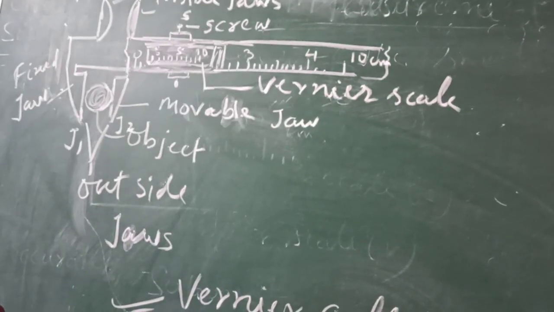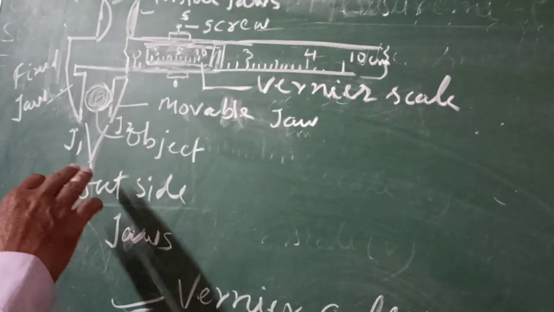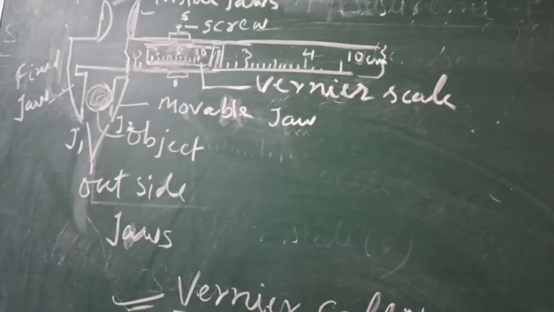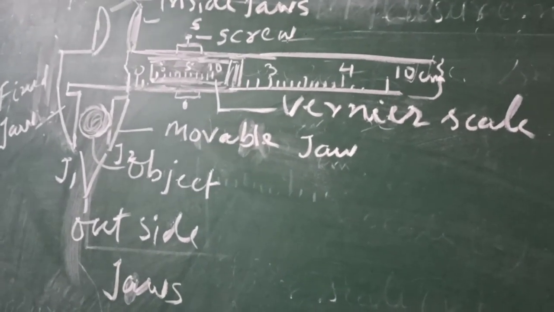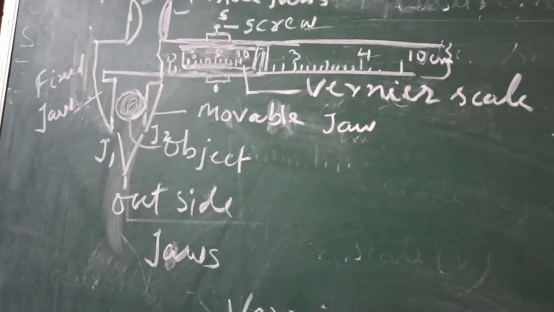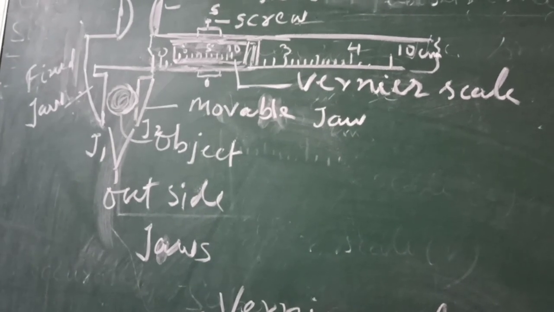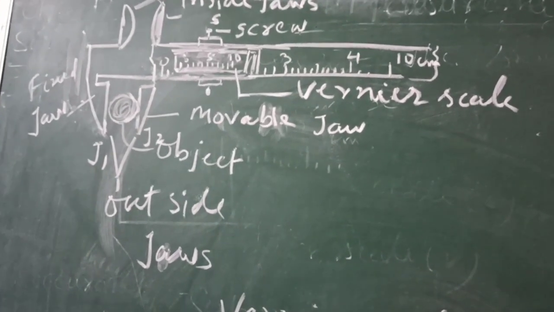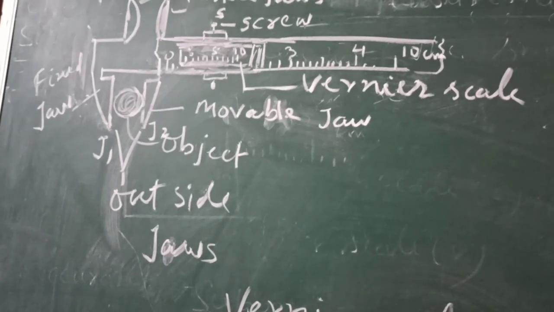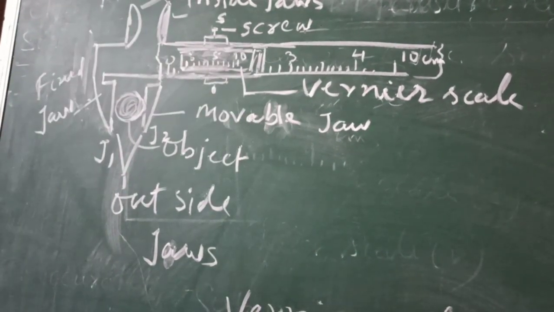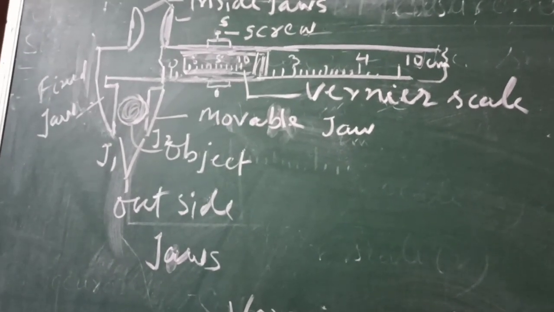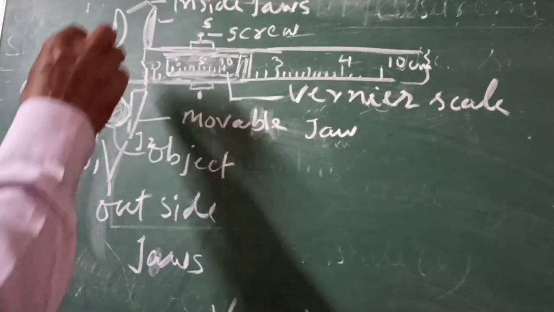The function of the outside jaw: to measure the length of a rod, diameter of a sphere, external diameter of a hollow cylinder. Second part, inside jaw: to measure the internal diameter of a hollow cylinder or pipe.